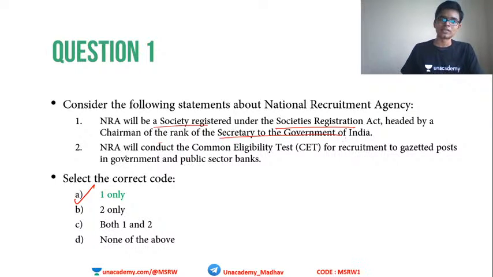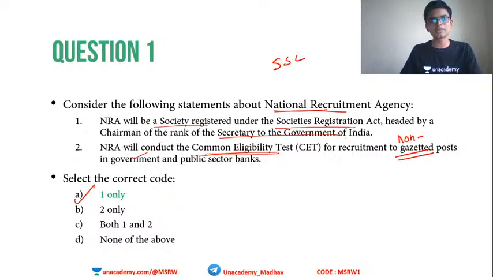The problem is, this will conduct CET, the Common Eligibility Test, for the recruitment of non-gazetted posts. That is the difference. SSC actually recruits for some of the gazetted posts, UPSC also. But NRA will be recruiting exclusively for the non-gazetted posts. So statement 2 is wrong, 1 is correct. Option A.